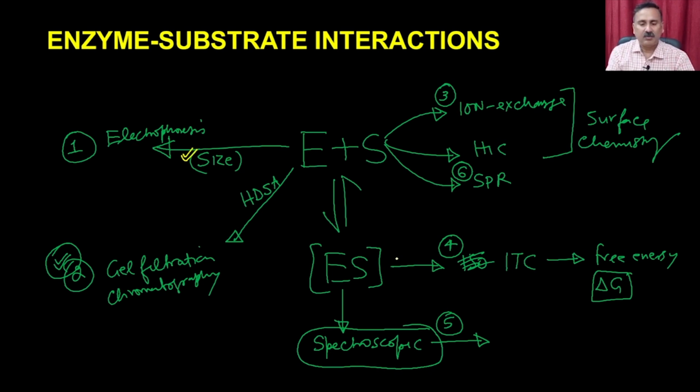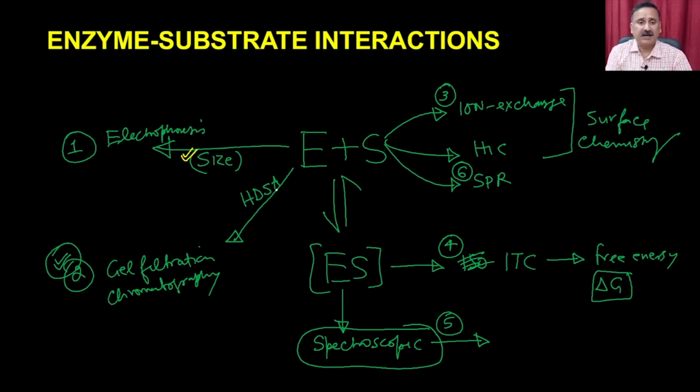It can alter different energy parameters, which can be mapped in isothermal titration calorimetry. And ultimately it changes the electronic configuration of different groups on the enzyme or the substrate, and that can be mapped in spectroscopy.